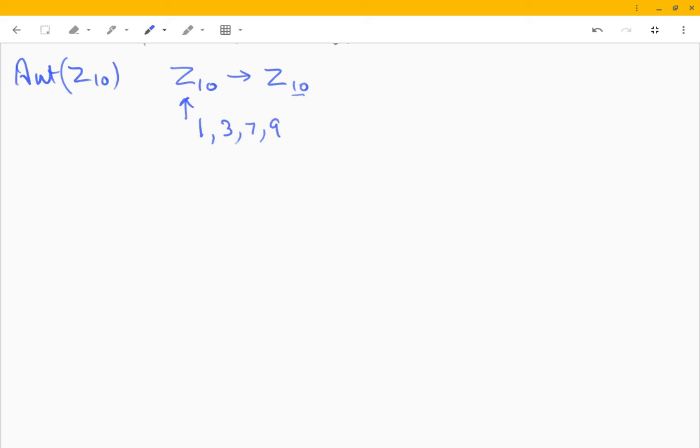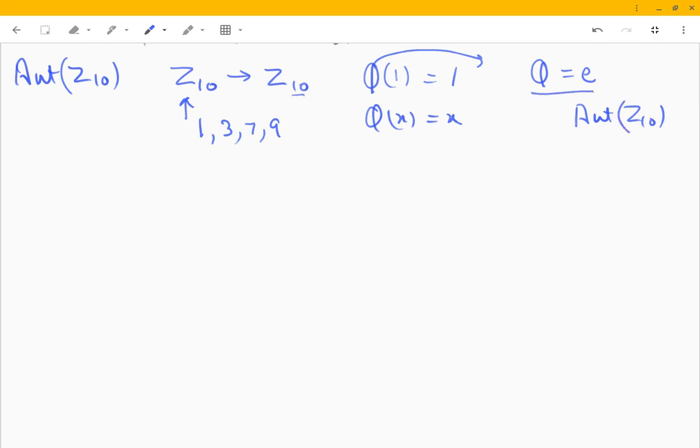So if a map sends x to x, this map will be the identity map for the group Aut Z10. This function will be the identity element of this group. And then the second one will be phi of x. Let's name it phi 2.